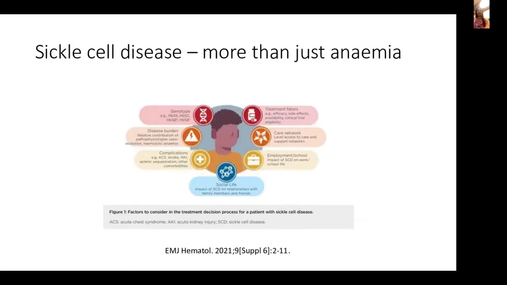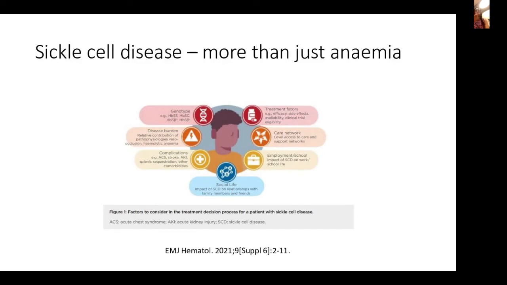So the theme of the day is that sickle cell disease is more than just anemia, and there's lots of different factors to consider. At the genetic level, the type of sickle cell disease you have can affect the phenotype. So HBSS and HBS beta 0 tend to be more severe than your beta pluses.